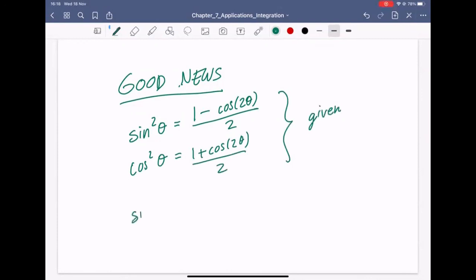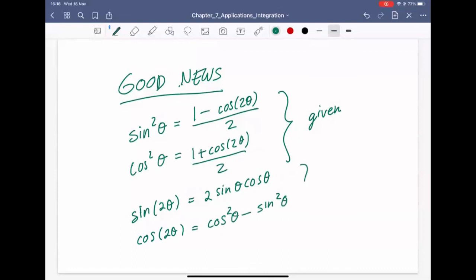And also this one, sine 2 theta equal to 2 times sine times cosine. And then also cosine 2 theta is cosine squared minus sine squared. This one is also given. This is called the double angle formula, right? This is called the half angle formula. These four formulas will be given on the exam. So you do not need to memorize them.